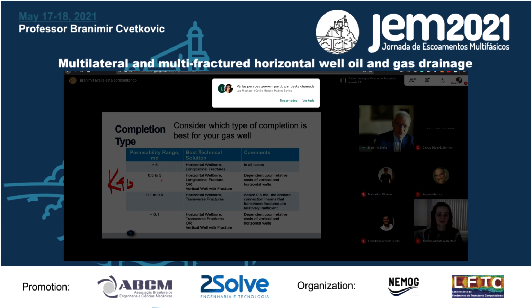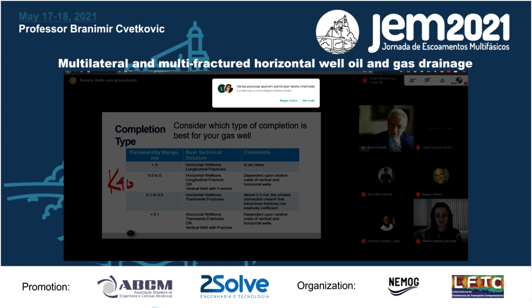From 0.5 to 5, we can expect a longitudinal or vertical fracture, again depending on the relative cost of vertical and horizontal wells. So it depends on what is cheaper for you in whatever circumstances you are put. From 0.1 to 0.5, horizontal wellbore with transverse fractures.